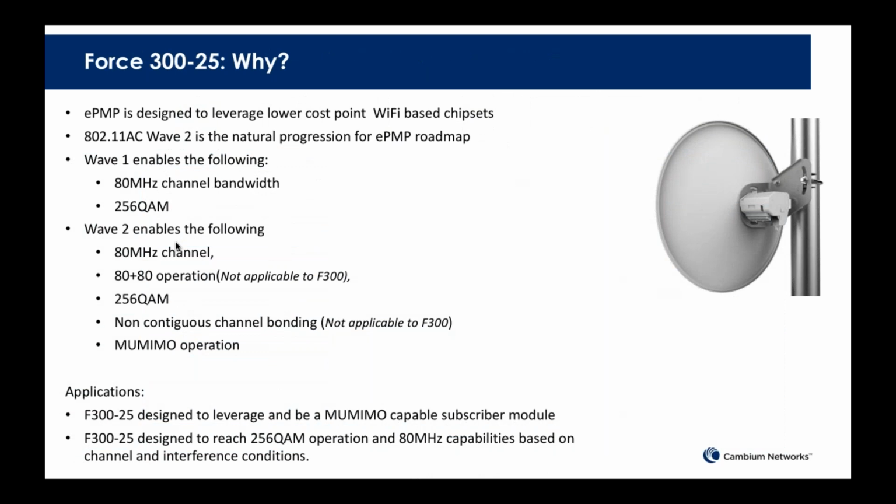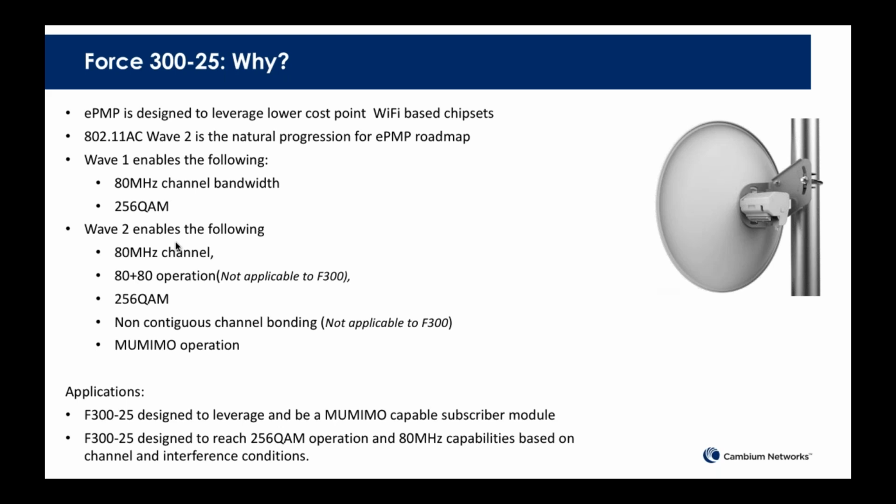The Force 300 is the first product out of the whole ePMP product line which is based on the 802.11ac Wave 2 chipset. It's a relatively new thing from Cambium, which we constantly improve with new software updates.